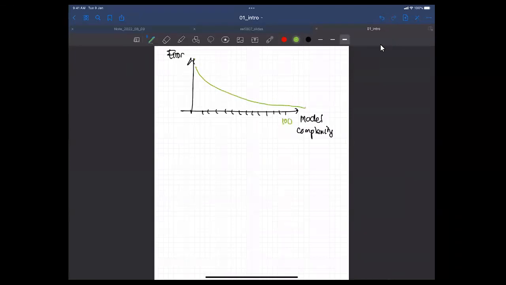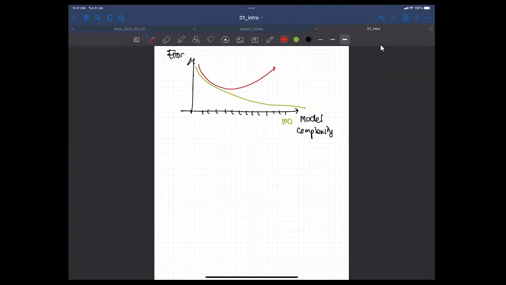It means that it works very well in the training stage. But in the validation data, the performance looks like this. It means when the model complexity is 100, the error for the validation data is very high. This means overfitting.